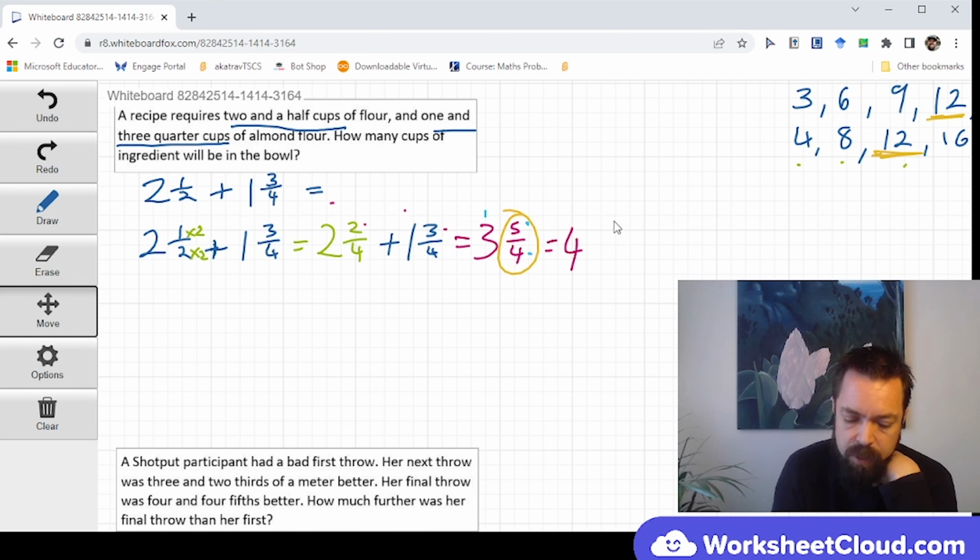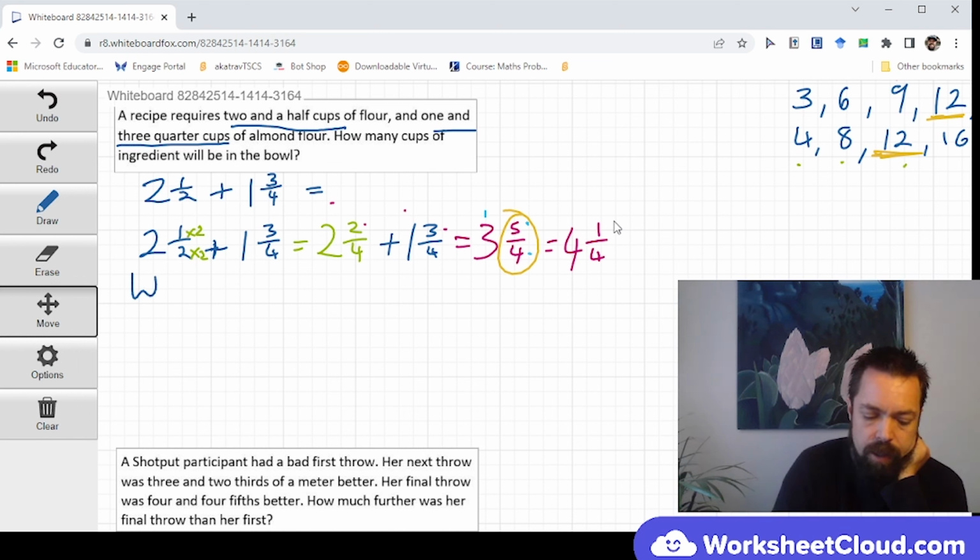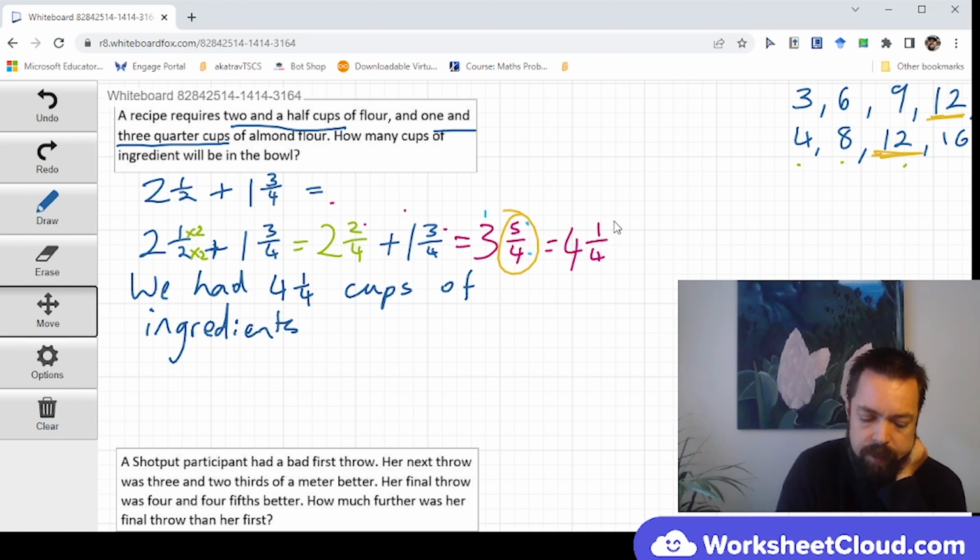What was left over was 1, and there's our final answer. We had 4 1/4 cups of ingredients in the bowl, which we now need to write. We had 4 1/4 cups of ingredients in the bowl.